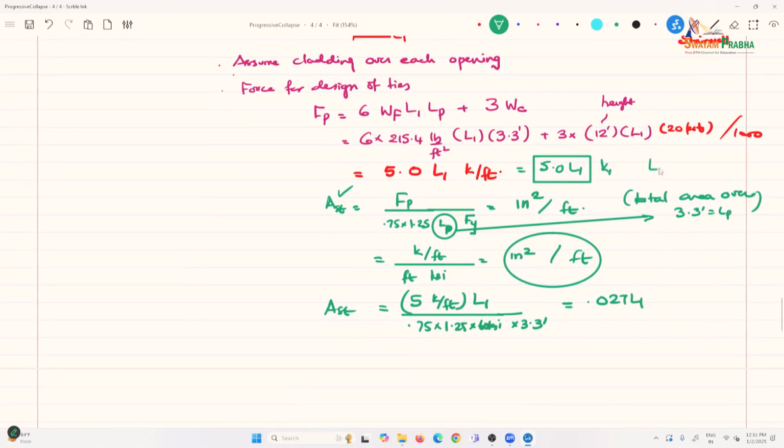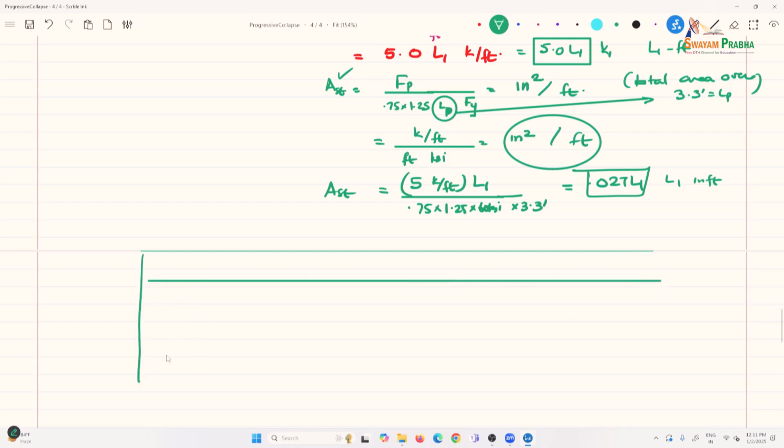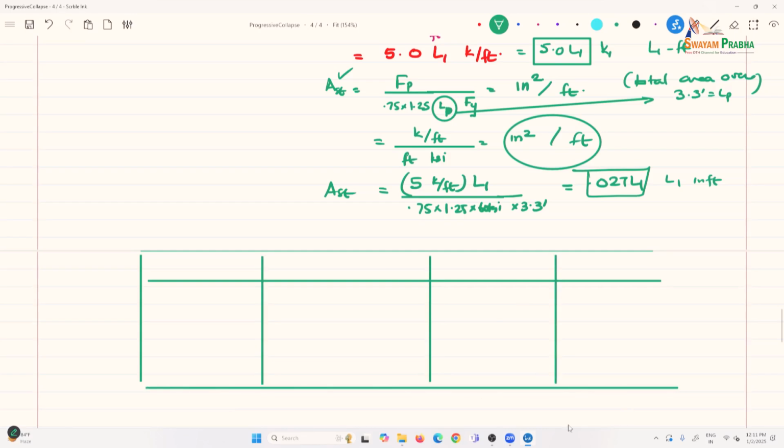Here it is L1 in feet, and here also L1 in feet. So you can have a little table drawn with four different values of L1: 15.7 feet, 8.8 feet. This is for the first two peripheries.